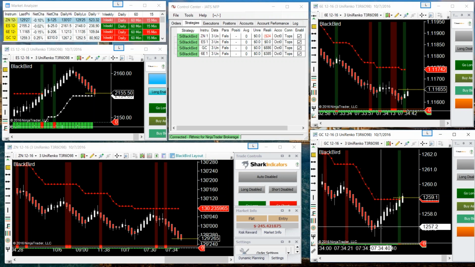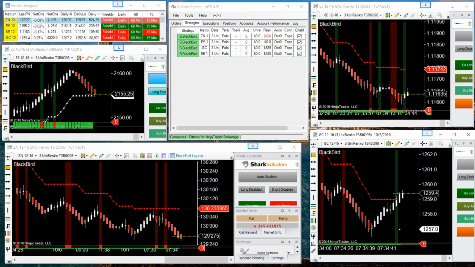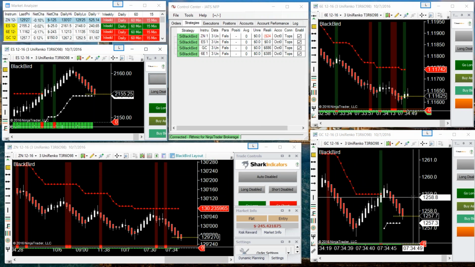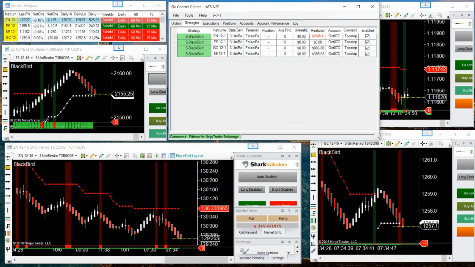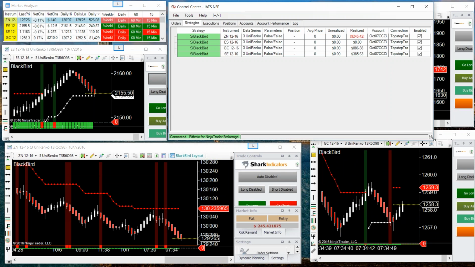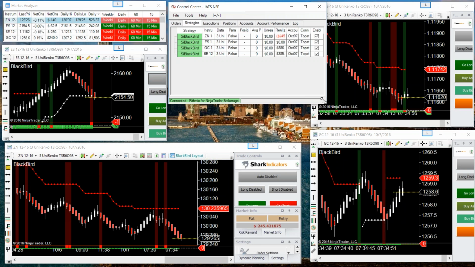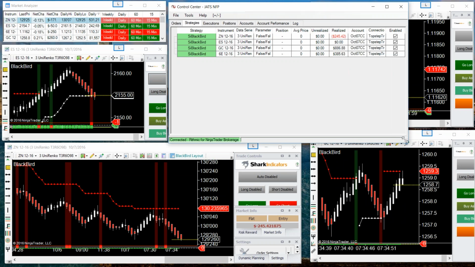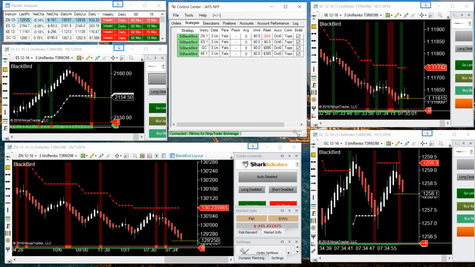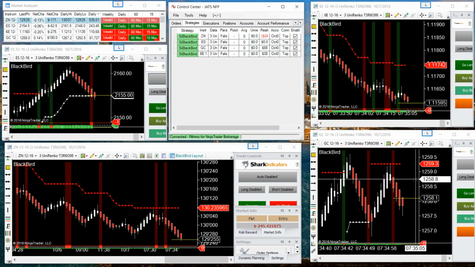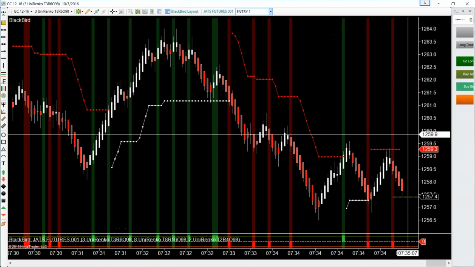I'm going to turn it off for a second. Let the market regroup a little bit. Well, I had an unrealized loss there, so I realized it, so not quite 1,000. But overall, I'm kind of pleased. See how it got choppy here.